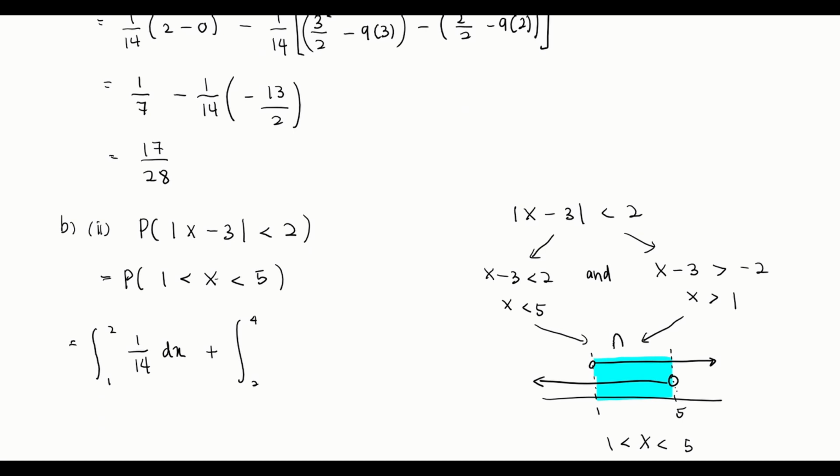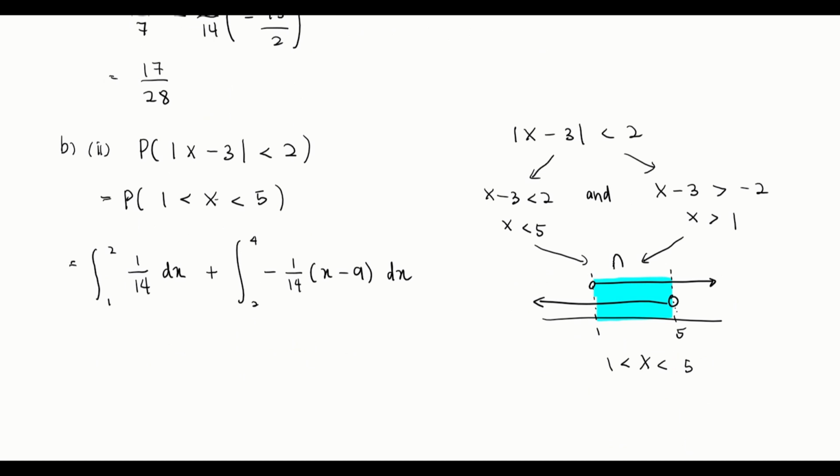So that is 1/14 or negative 1/14 x minus 9. So we're going to integrate this. The first part is 1/14 x, the limits are 1 to 2, and another one is negative 1/14, and integrate x minus 9 becomes x squared over 2 minus 9x, and the limit is from 2 to 4.